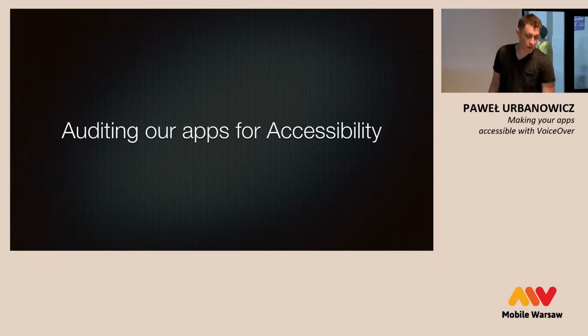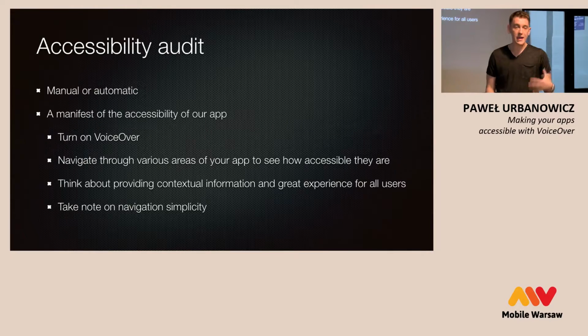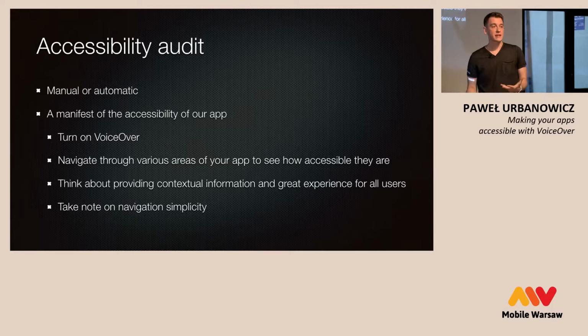If we know the basics of VoiceOver, and how we can navigate and use it, then we can audit our app for VoiceOver accessibility. An accessibility audit is a statement, a manifest of our app's openness to this wide range of users.